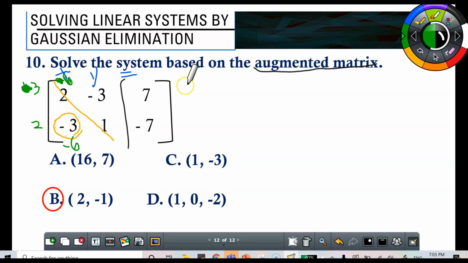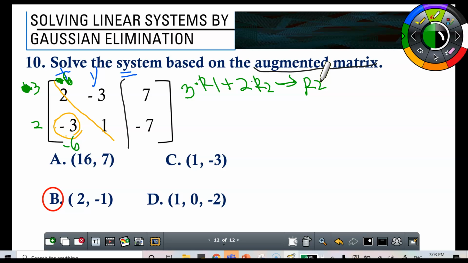You're going to multiply the first row by 3 and then add up. You're going to multiply the second row by 2 and then rewrite the second row. So here has more calculations.